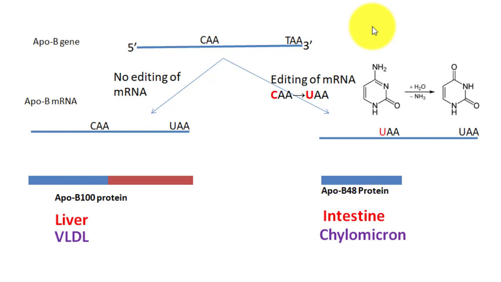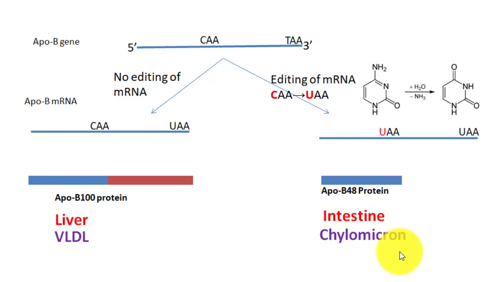Now we will focus on one of the mechanisms of post transcriptional modification: editing of mRNA. This is a very good example and a very good concept to understand post transcriptional modification.